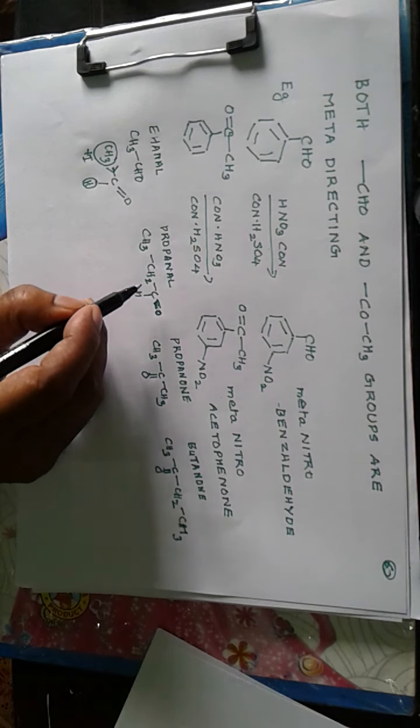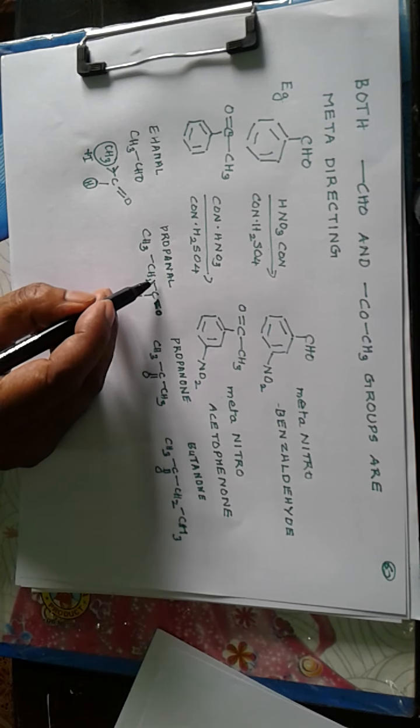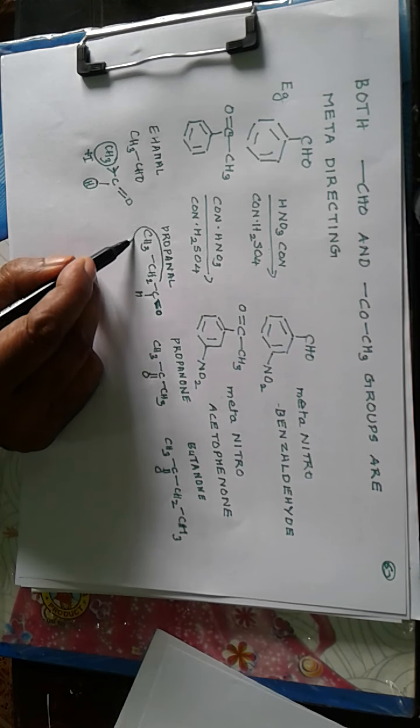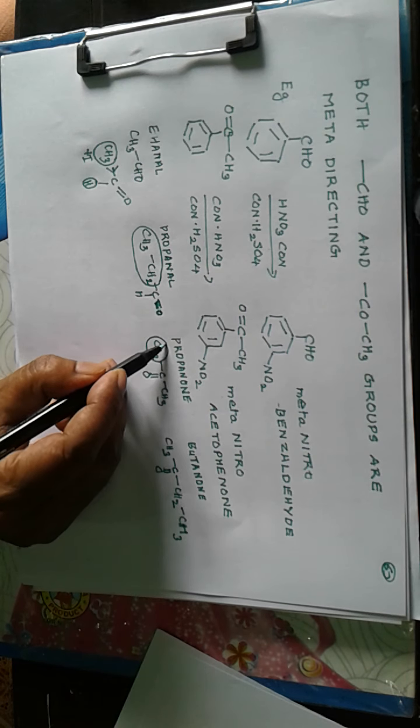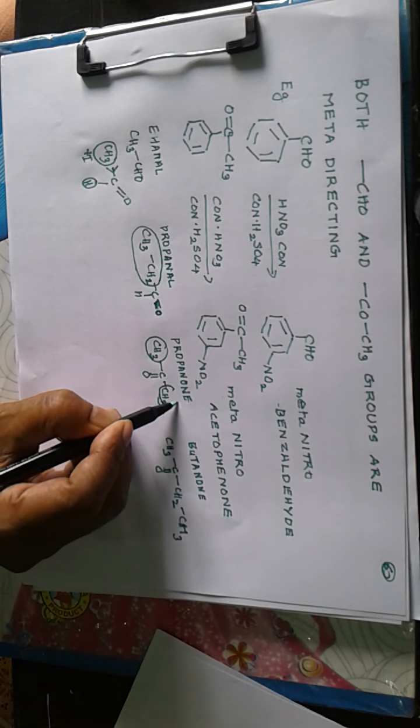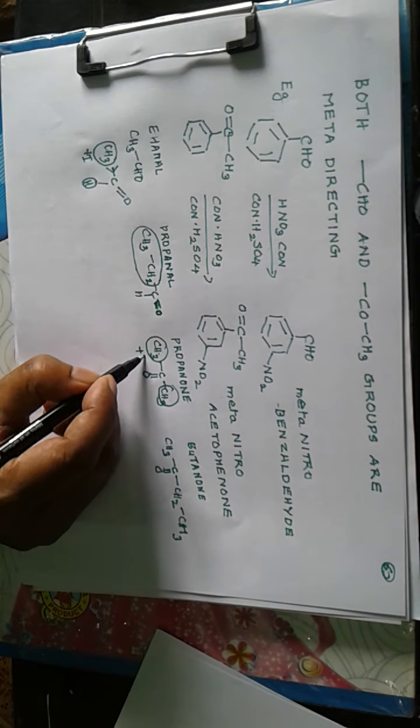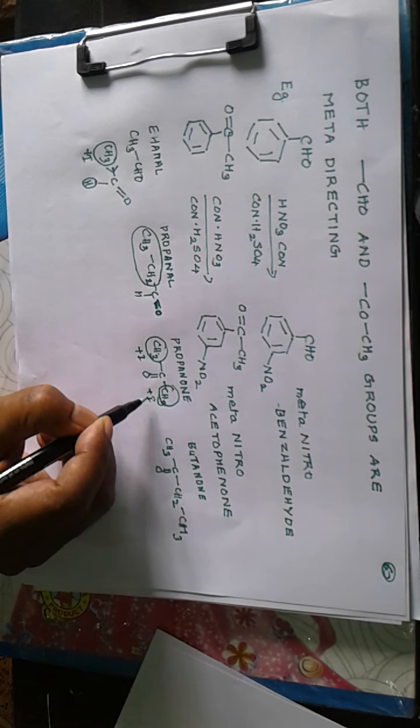Now when we come to propanal, the ethyl group is bigger than the methyl group, so a little more steric effect. When we come to propanone, there is the combined steric effect of two methyl groups and the combined plus I effect of two methyl groups, which diminish the partial positive charge over carbon greatly.